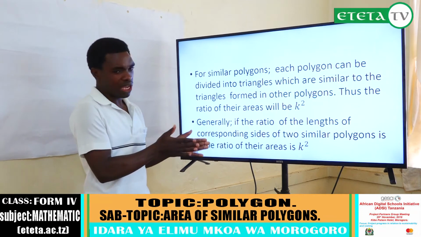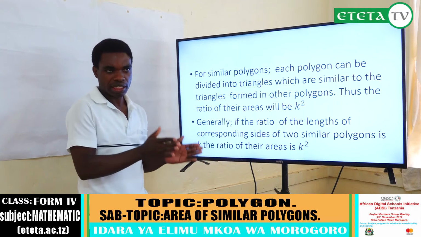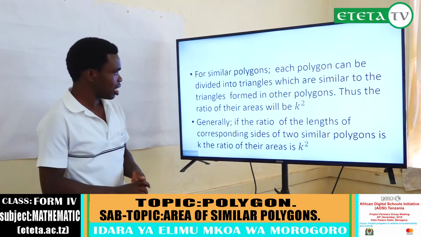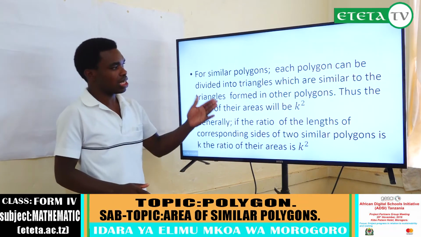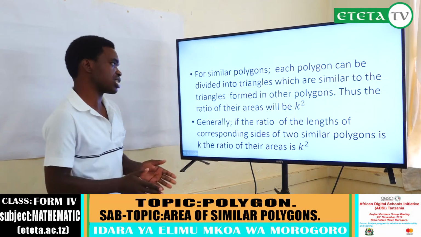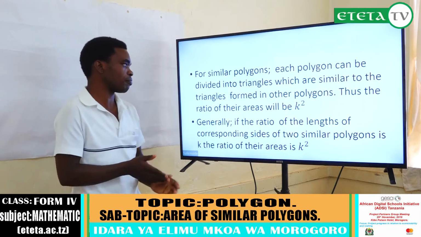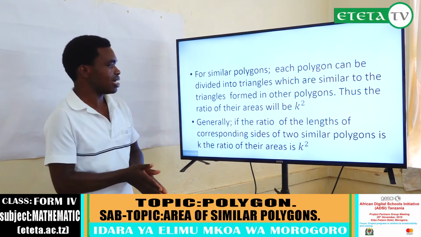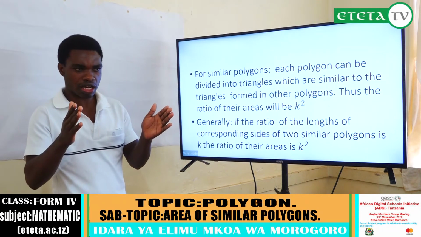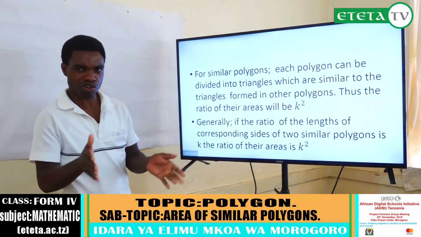And here we have seen the ratio of the areas for similar triangles. This can be applied in the same way to other polygons. For similar polygons, each polygon can be divided into triangles which are similar to the triangles formed in the other polygon. For example, a rectangle can be divided into two triangles.